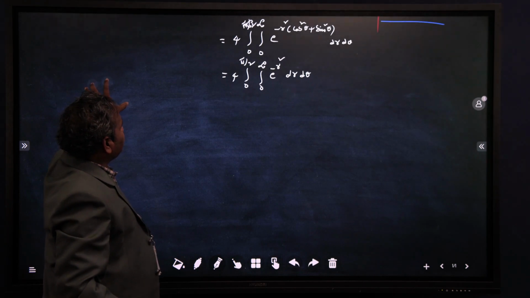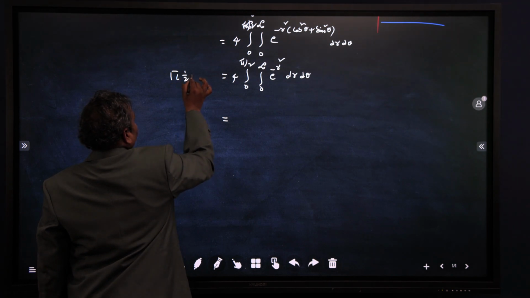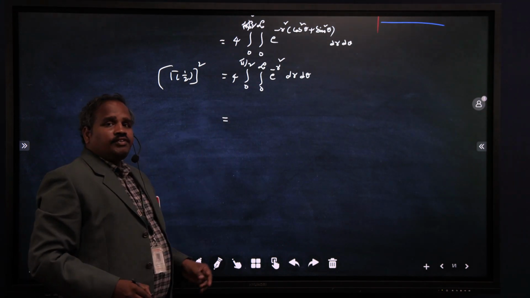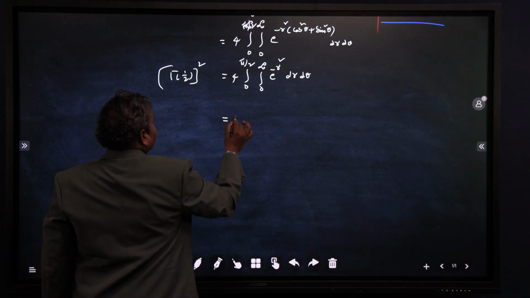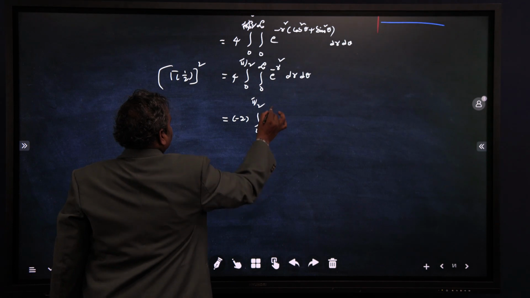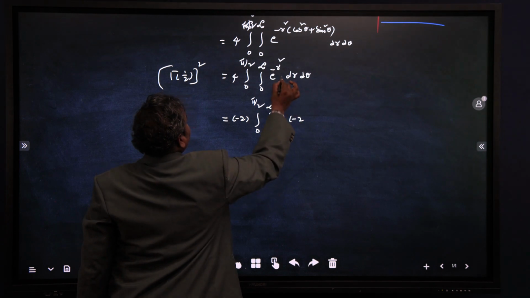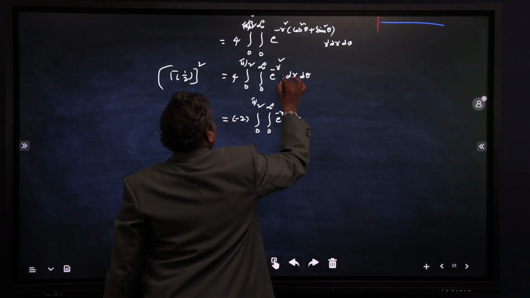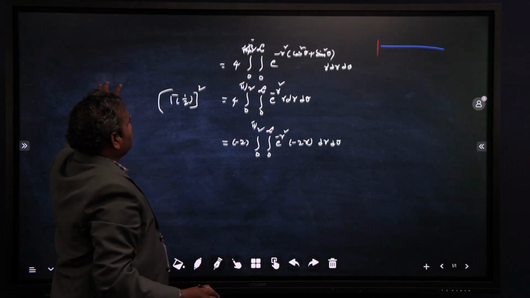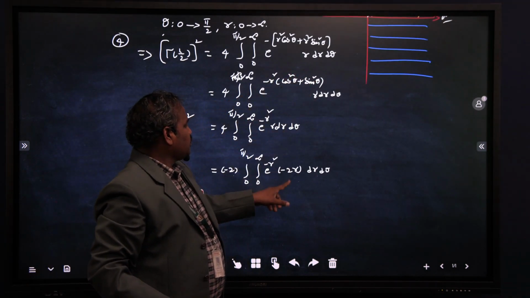Now we are evaluating this integral. Left hand side is gamma of 1 by 2 whole square. For convenience I am writing 4 as minus 2 into minus 2, so the right hand side is minus 2 integral 0 to pi by 2, 0 to infinity, e power minus r square, with minus r, r dr d theta.